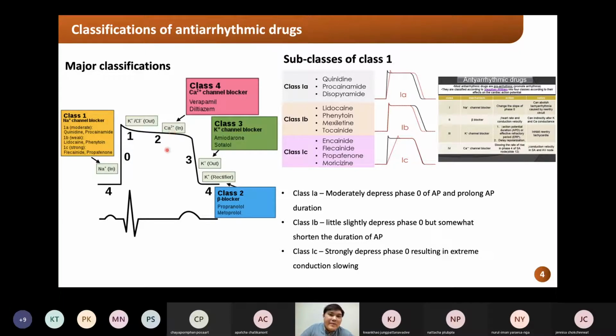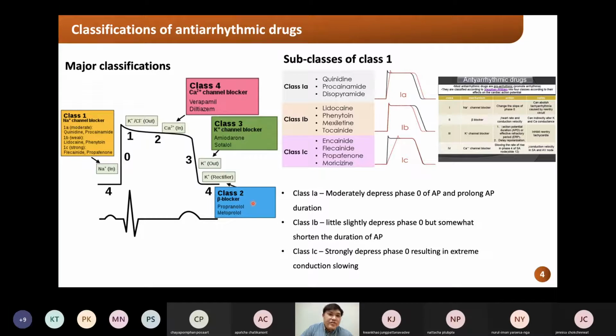When we look at class 2 of the anti-arrhythmic drugs, it is the beta blocker. Drugs that belong to the beta blockers are propranolol or metoprolol, something like that.